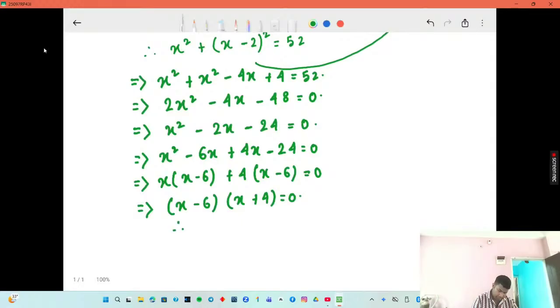So therefore x is equal to 6 and x is equal to minus 4. So now the question asks for the integers. Therefore the integers are 6 and minus 4. Is it clear?